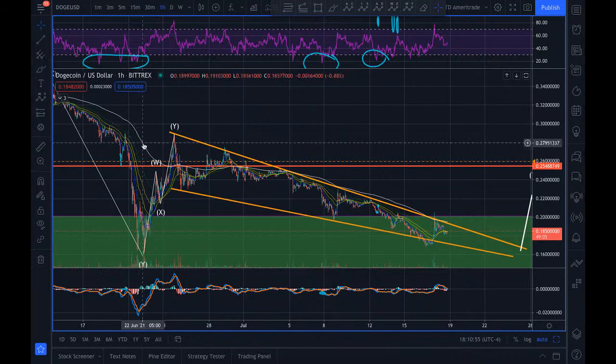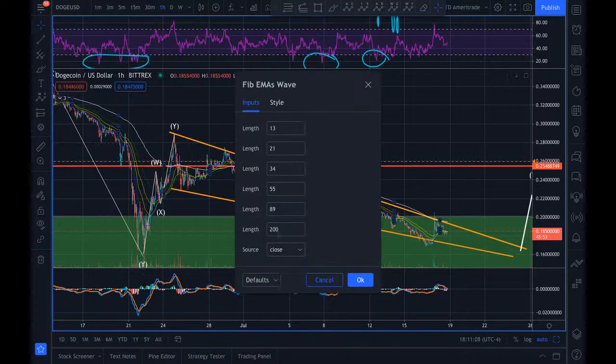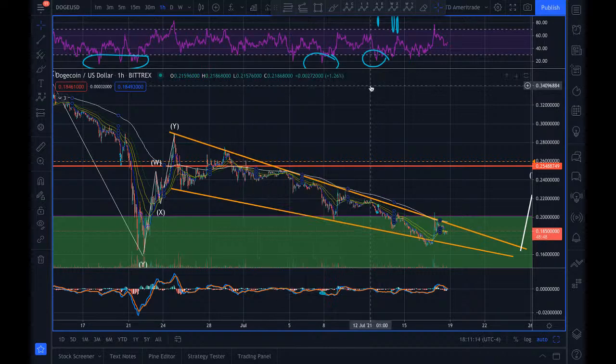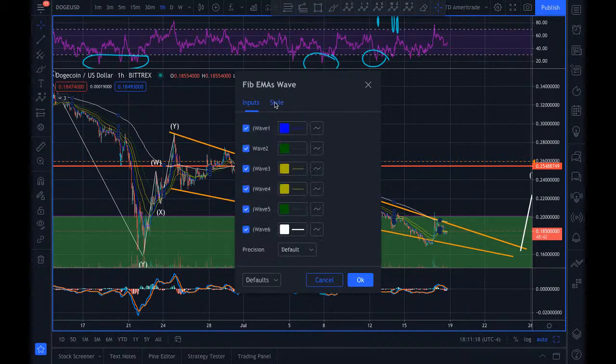And then we're still under, you see this white line right here? This is the moving average. Those are all moving averages. But this one is the 200. It was the 144. I changed it to the 200. It's pretty close, but the 200 is more common for people to trade on.